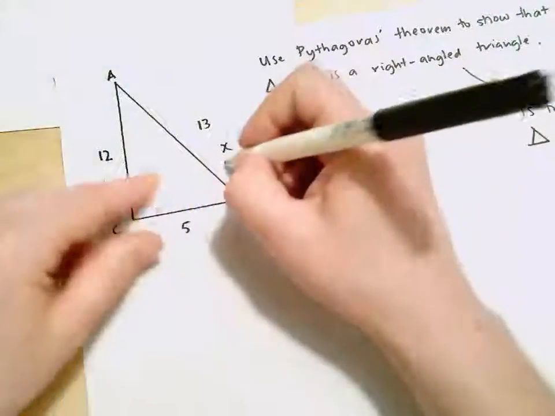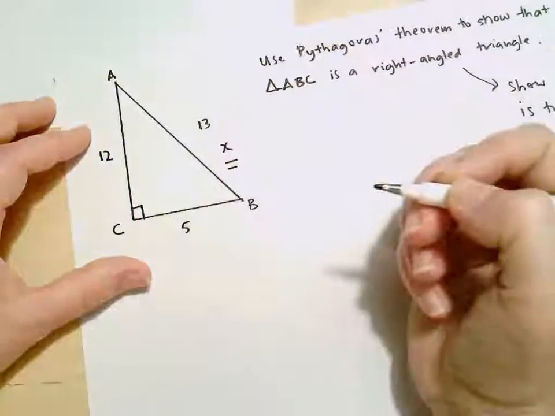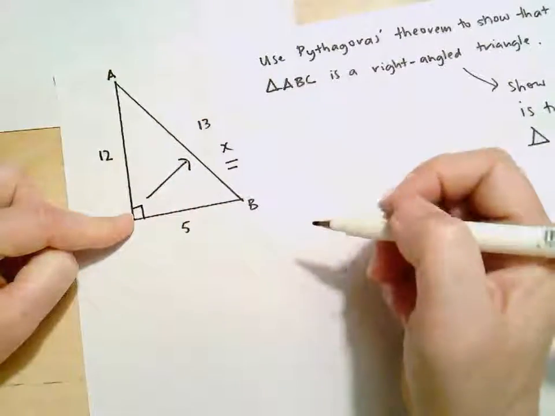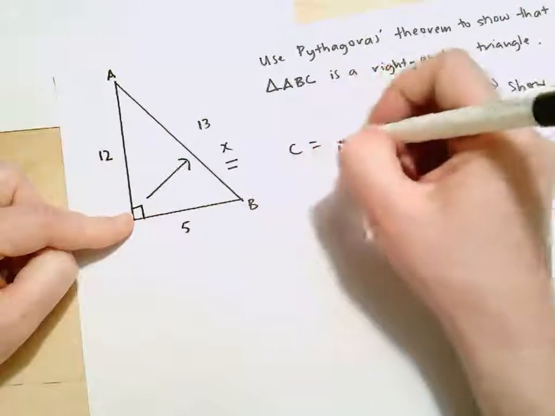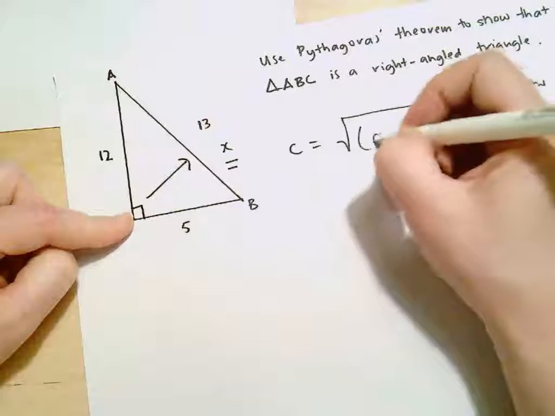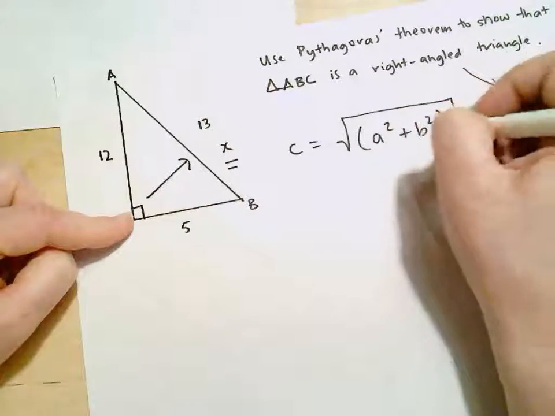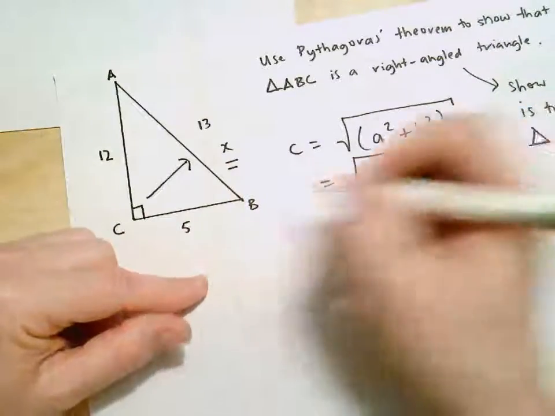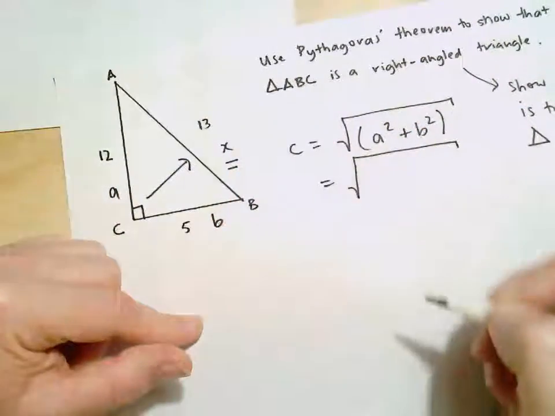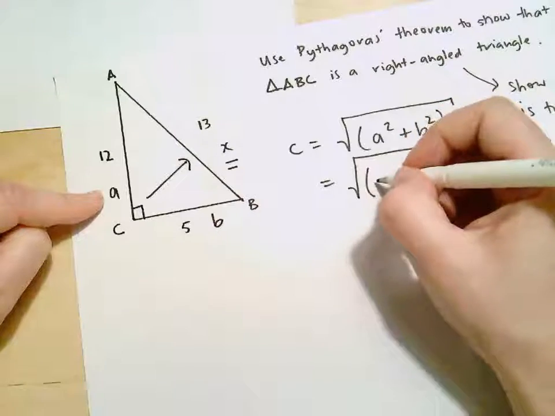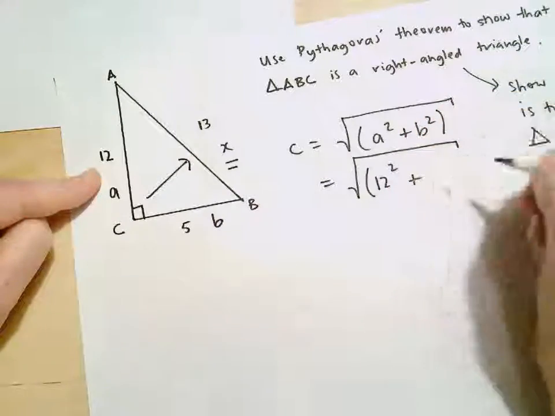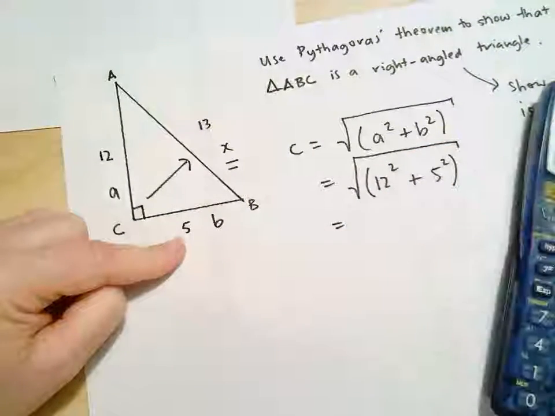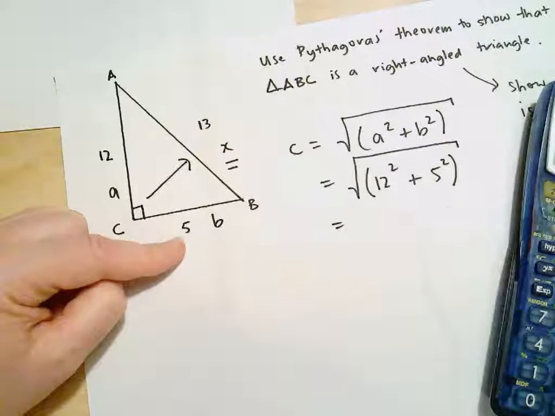So if I'm trying to find my hypotenuse, oops, sorry, I forgot that little symbol to indicate a right angle. This is my hypotenuse. I'm going to use my hypotenuse formula and substitute in. A and B, doesn't matter which order I put them. I'm going to make A as 12, so I replace the A with a 12, B as 5, plug it into my calculator, fingers crossed I get 13.